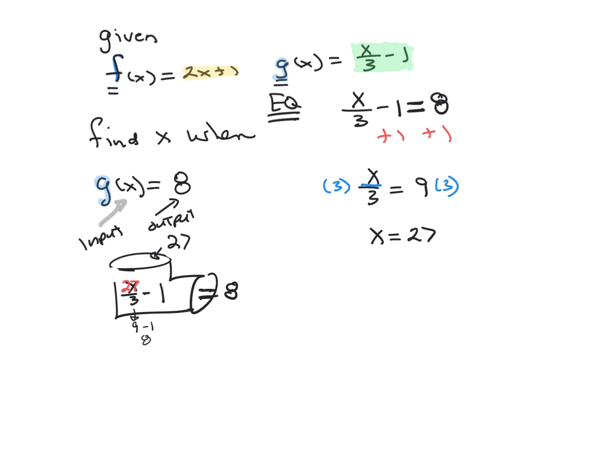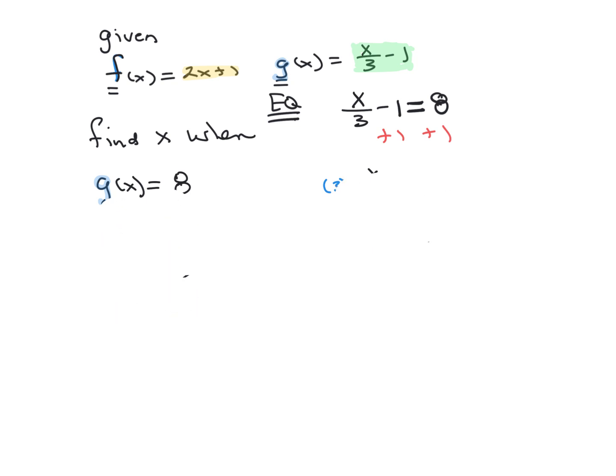That's how you do that problem. So again, this time they didn't give you the input, they gave you the output. So what if I say find x, so that in other words, they want you to find the input when they're telling you the output is 13.